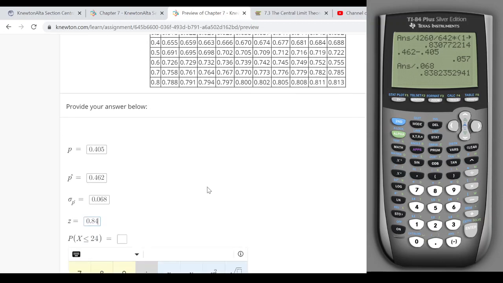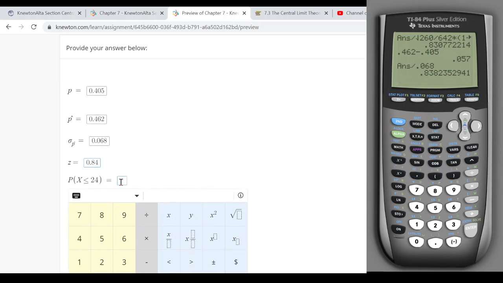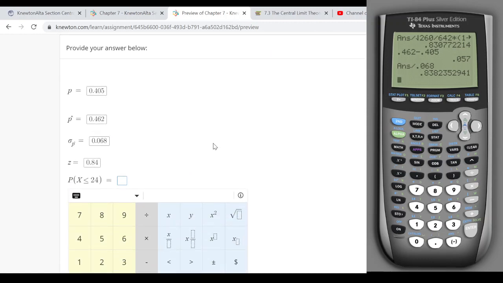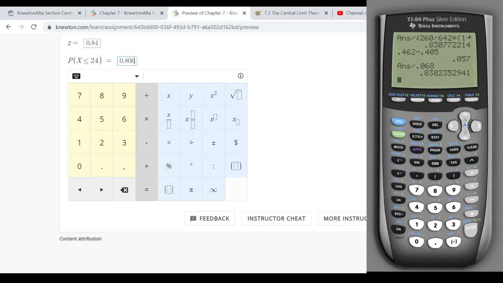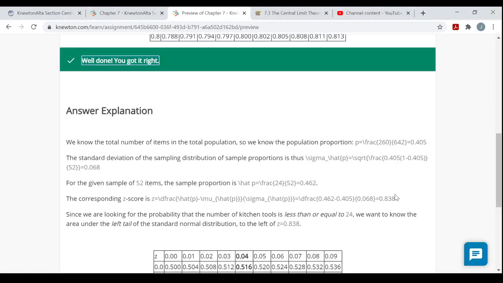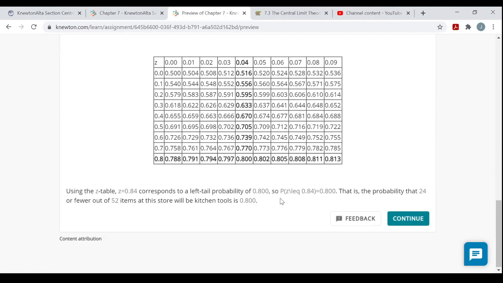Oh, this is annoying. All right, I'm going to see what happens when I leave this as 0.84. And then the area to the left of that would be 0.800. See what happens. All right, let's see if I use the numbers correctly. Great.